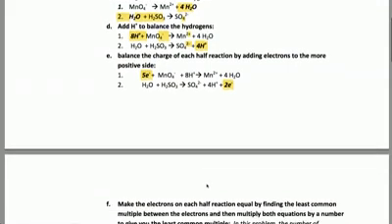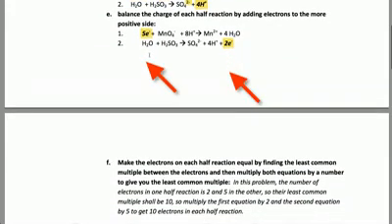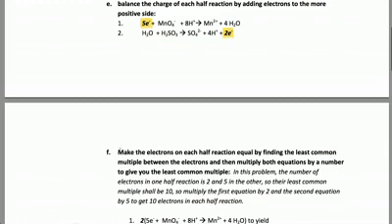You can go through and cancel the electrons after you make them the same number. So what we do is we make the electrons on each half reaction have the least common multiple. So in this case, between 2 and 5, it's like finding a common denominator. You remember doing that, I'm sure.